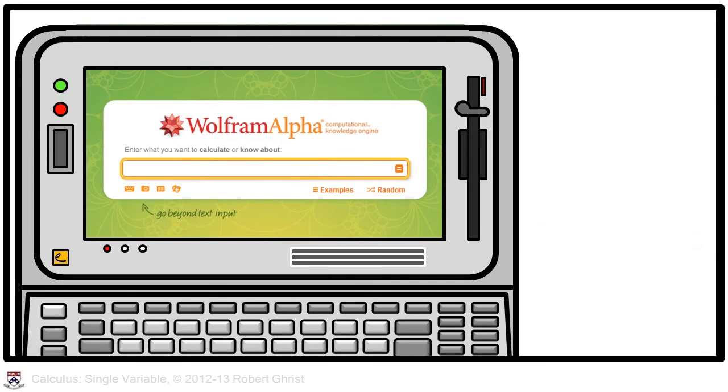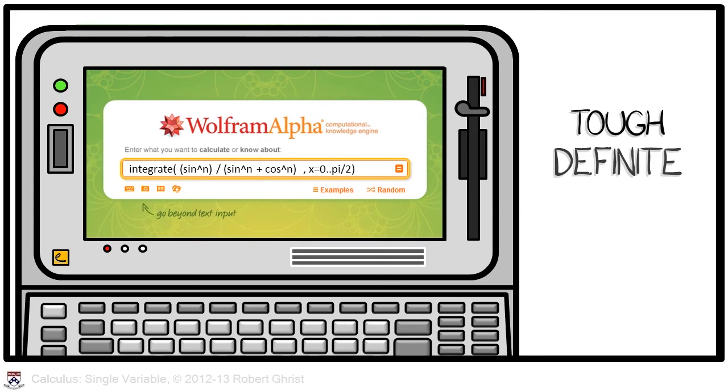Let's consider a different example. This one, again, a difficult definite integral. The integral of sine to the n over the quantity sine to the n plus cosine to the n. Notice that we didn't have to specify what our variable was, in this case x.